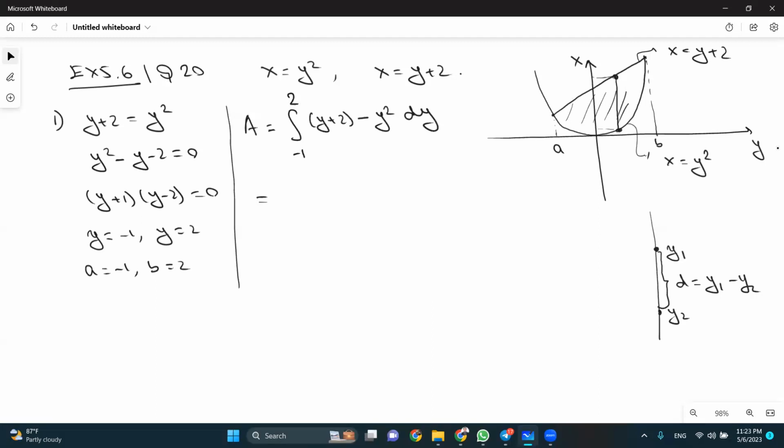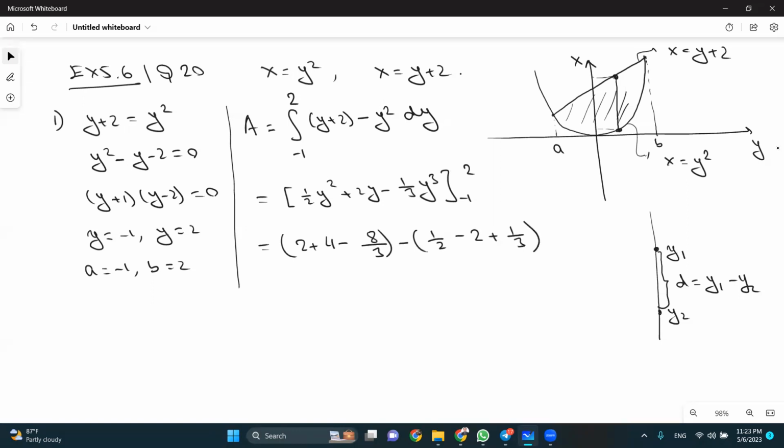So now if you integrate this, that is 1 over 2 y squared plus 2y minus 1 over 3 y cubed from -1 to 2, which is equal to, when it is 2, we have 4 over 2, that is 2, plus 4 minus 8 over 3, minus, when it is -1, square over 2, that is 1 over 2, minus 2, and plus 1 over 3, right?